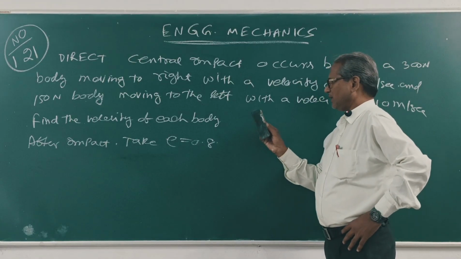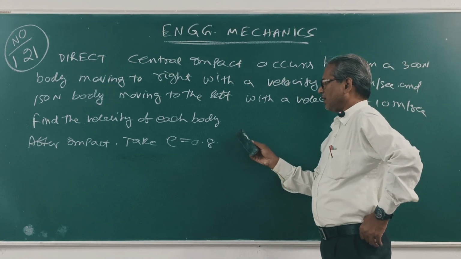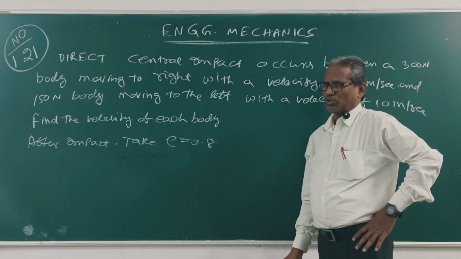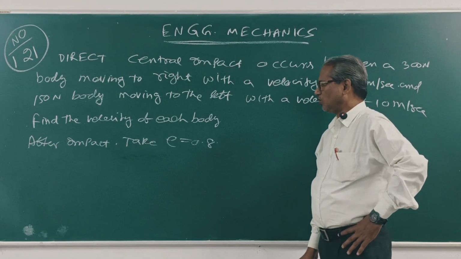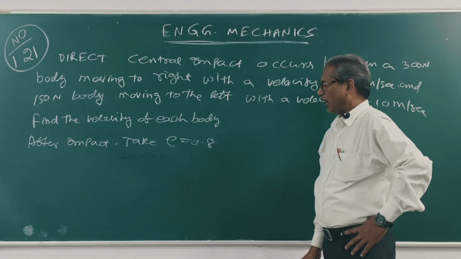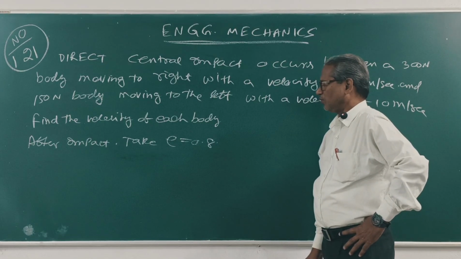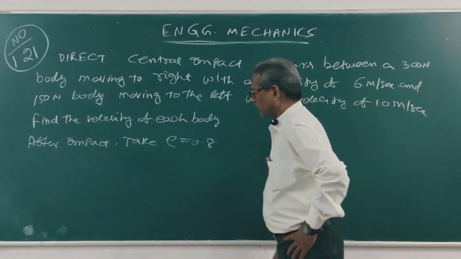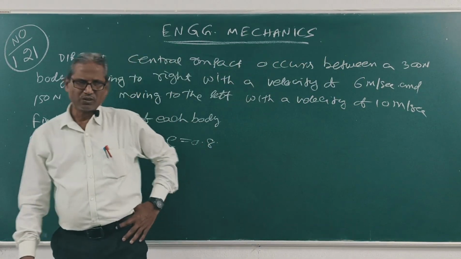Find the velocity of each body after impact. Take E, the coefficient of restitution, equal to 0.8. Now I will draw the figure, then explain what this question is, then solve the problem. Clear?